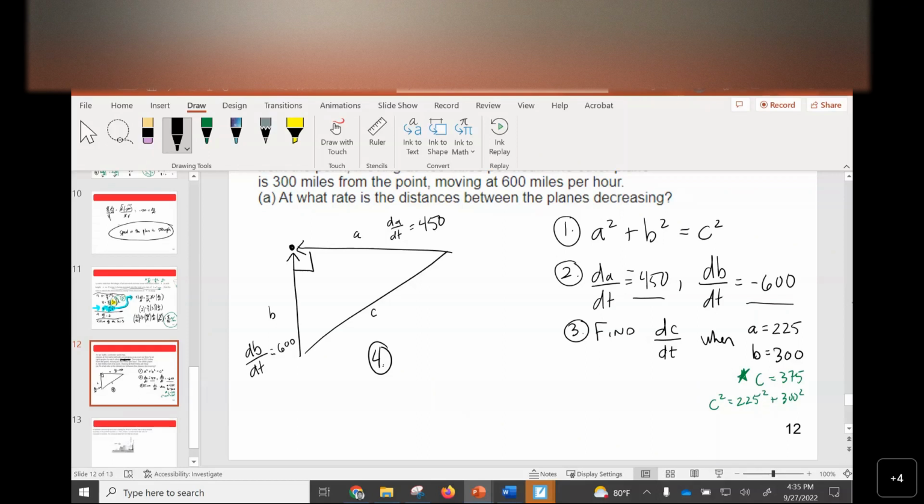Now I'm ready with my derivative: 2A dA/dt plus 2B dB/dt equals 2C dC/dt. Then I can kill my twos, divide both sides by 2, save myself a little trouble, and start plugging stuff in.